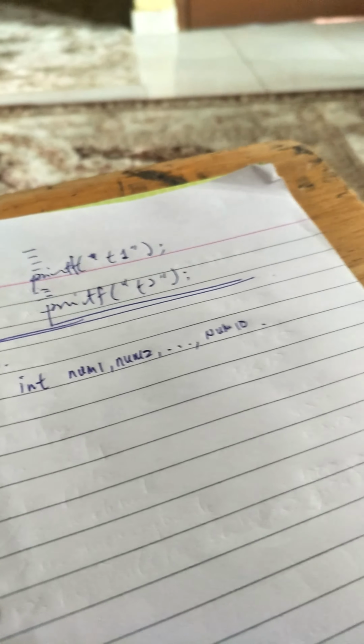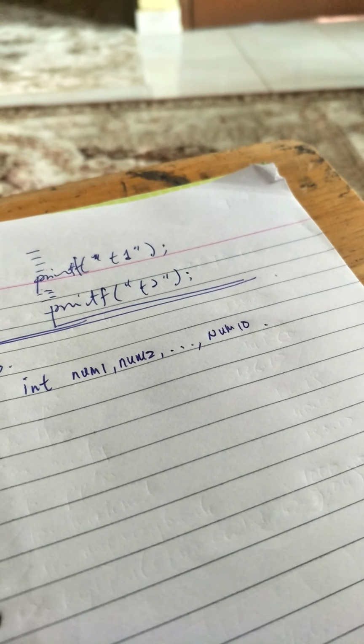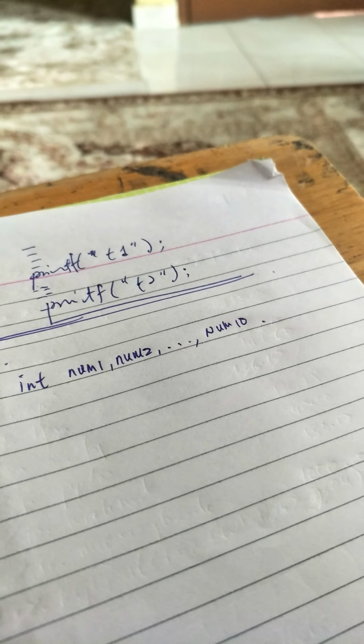Now imagine if you have many variables, it could probably be up to 100, up to 1,000 variables. In that case, you have to declare them one by one, right?